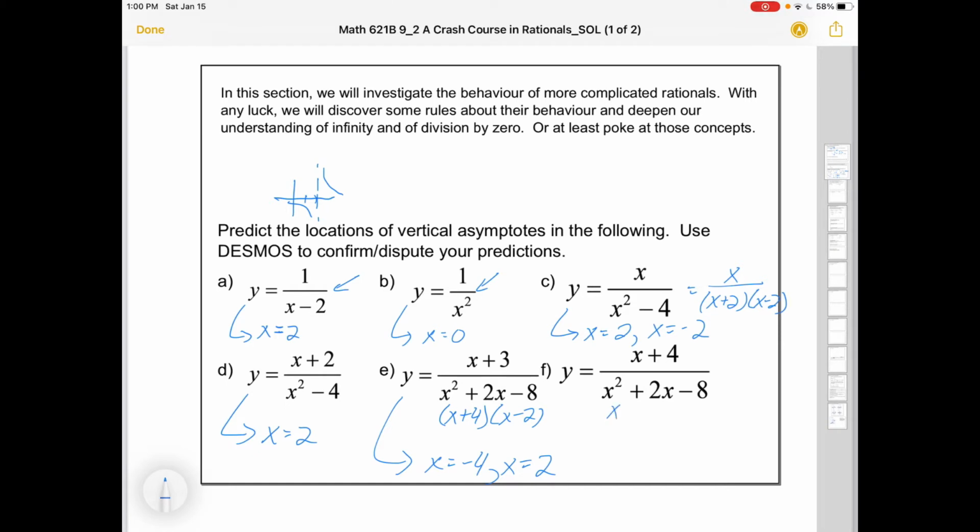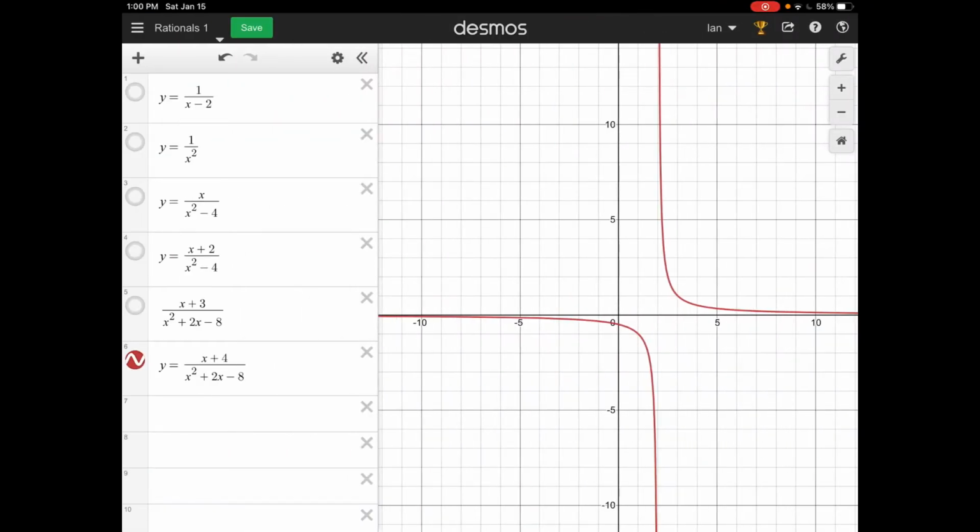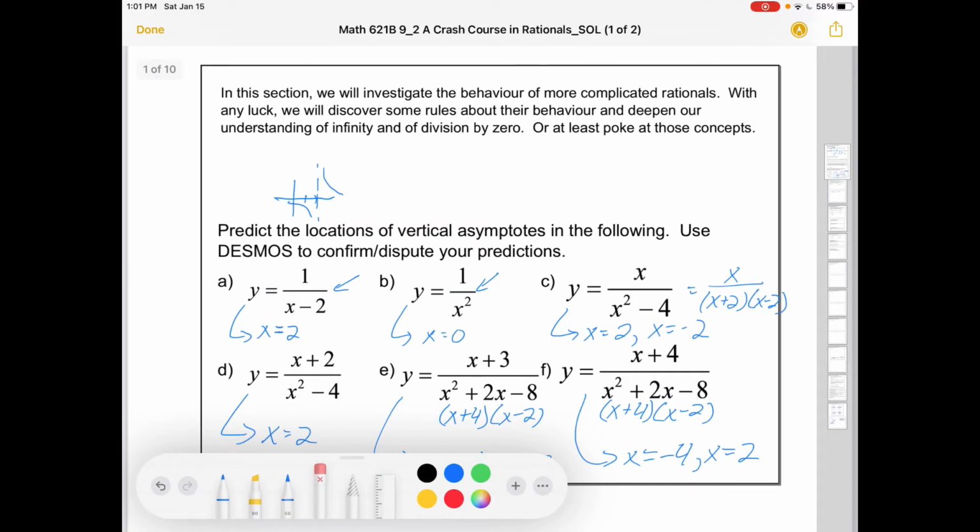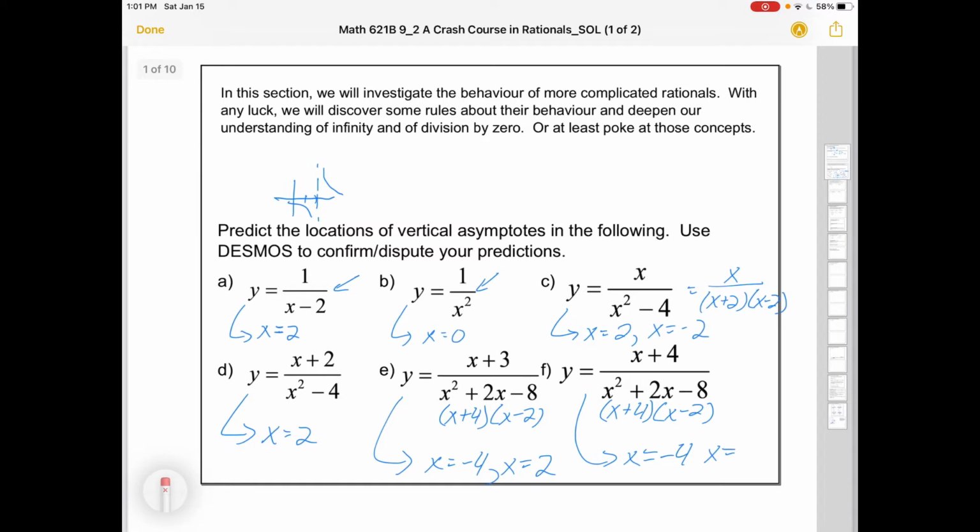So I could do the same thing with this next one. It's got the same bottom, which factors. So I'm going to guess that it has the same vertical asymptotes, the numbers that make the bottom 0. And again here, something weird's going to happen. It only has one of those 2. So the x minus 4 was not true. It's only x equals 2.